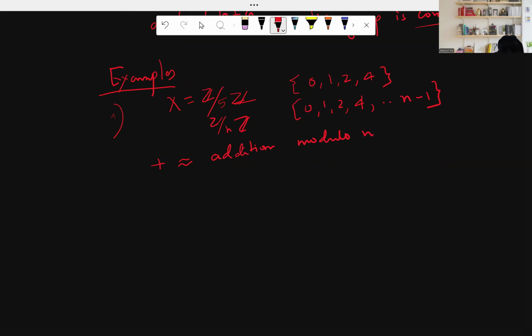Then we can verify that X with plus is a group. In fact, it is a commutative group.